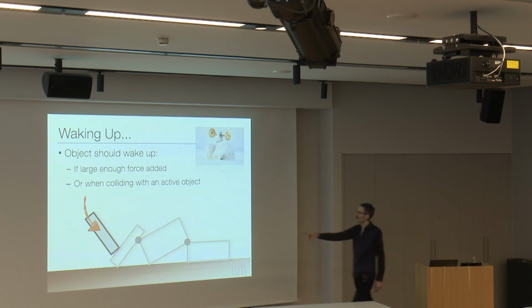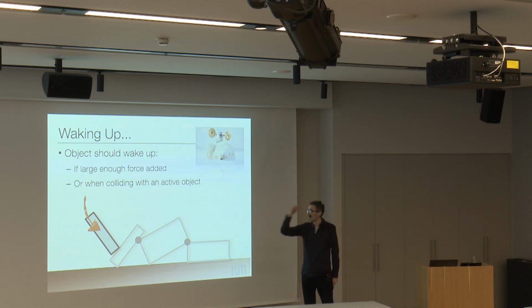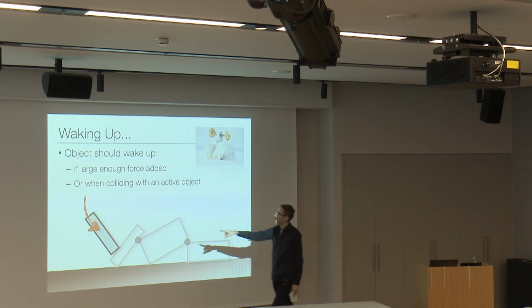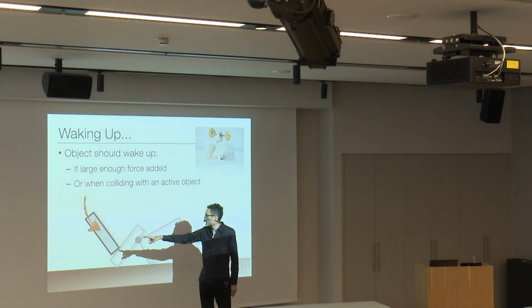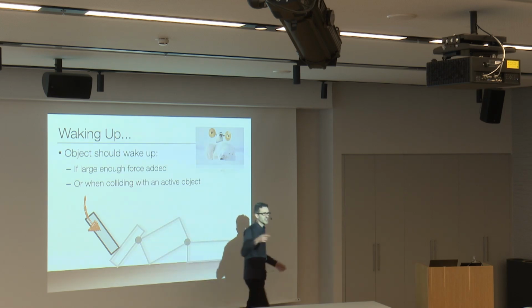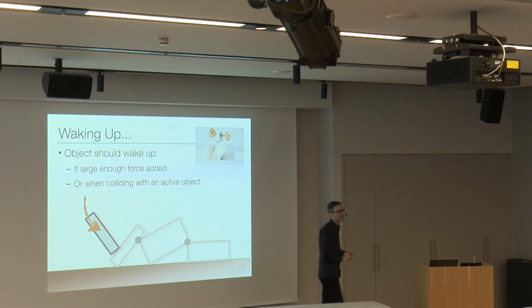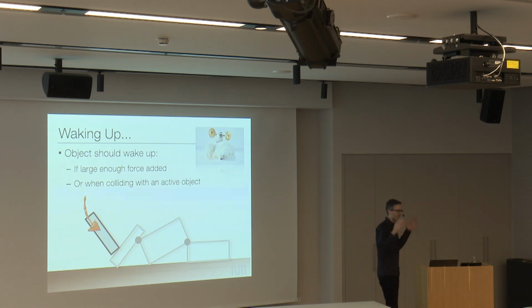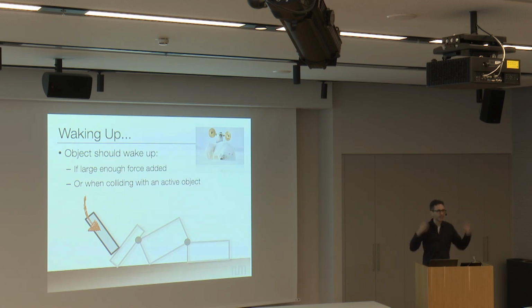we have some sleeping objects, and then based on our collision handling, a new object comes along. So from some collision here, this object might receive some forces, and we actually need to take into account what kind of forces would be added from collision detection, and then the impulses that we compute, such that a sleeping object can actually go over the threshold and start moving around again. But nonetheless, it's similar.